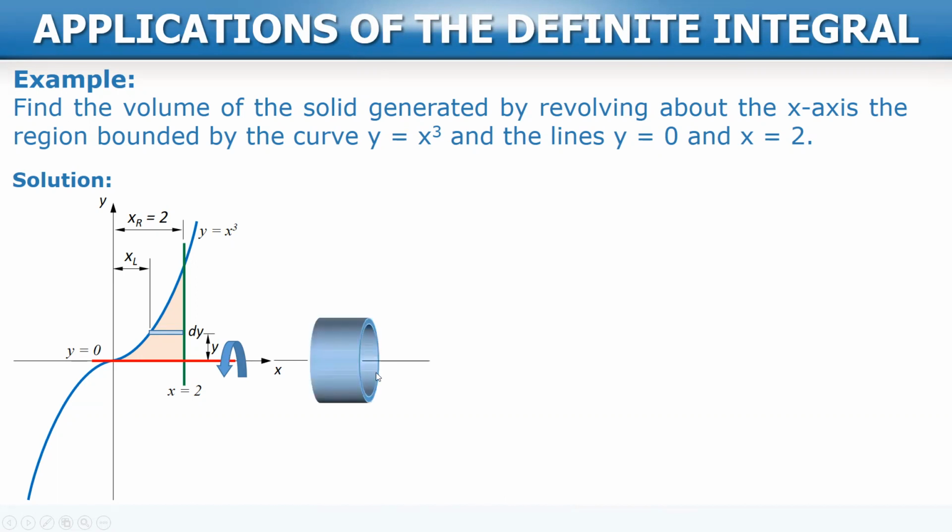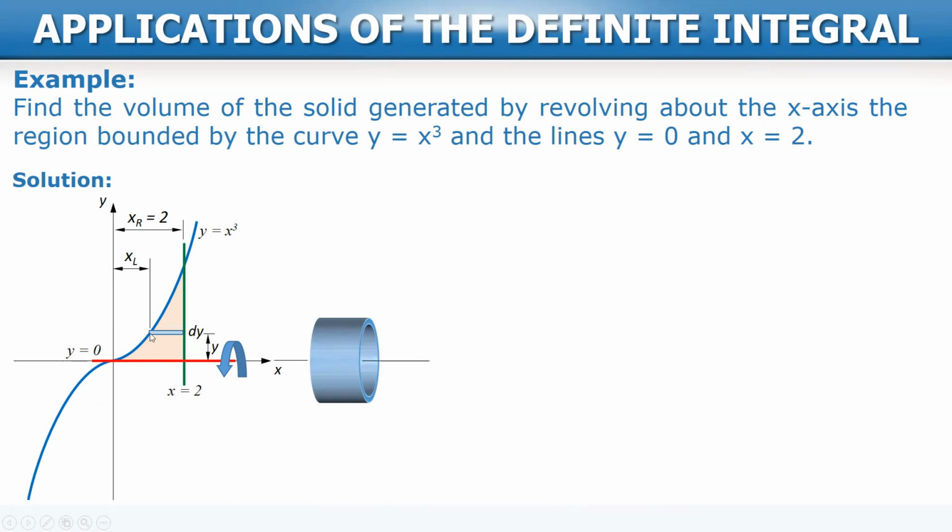Again, our differential volume is equal to the length of strip times the circumference of the circle times the thickness. In this case it's the length of the strip, but for a vertical strip it's the height of the strip. What's the length of our strip?